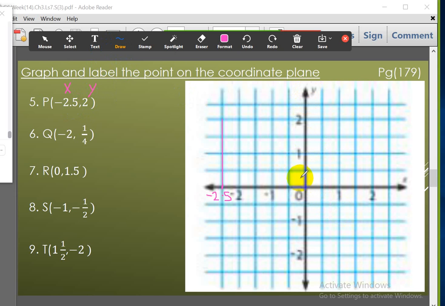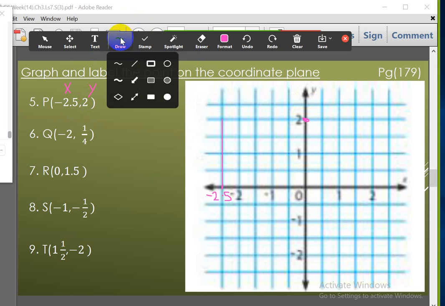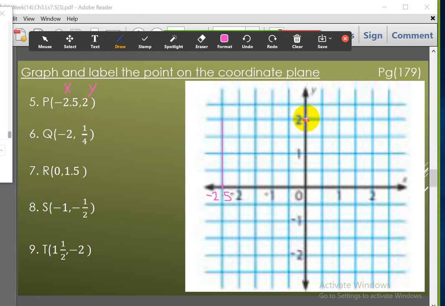This is the point of 2. I have to take a horizontal line from the 2. It will intersect the first one on a point. So this is P point. Okay, girls, this is P point here.